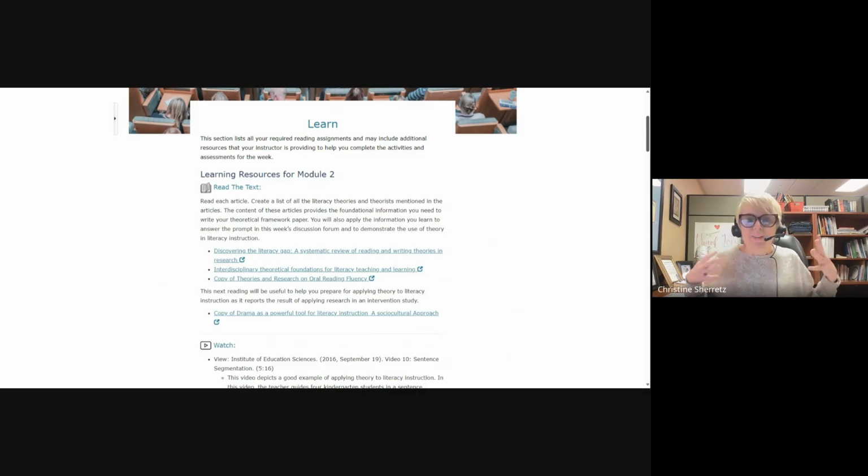So this module is all about literacy theoretical framework and what is the theoretical framework behind various interventions. I know that we have a lot of different backgrounds of people in here, so I want you to understand what is that theoretical underpinning of certain strategies that you're doing. And that's the purpose of this particular module.